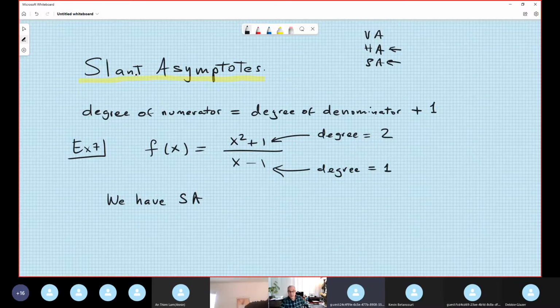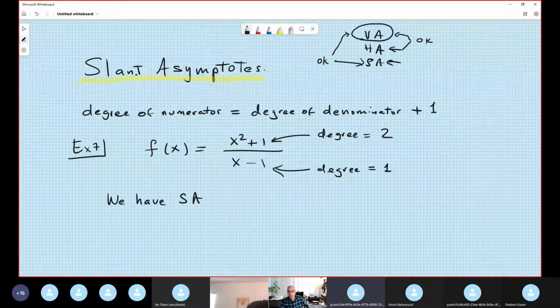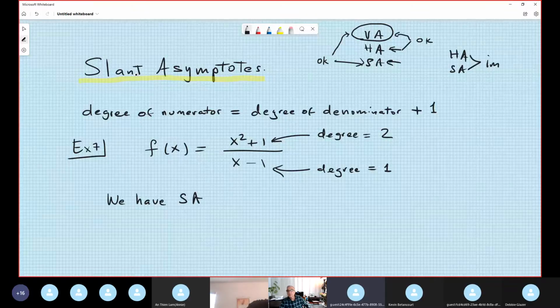Vertical is universal. Maybe in one example you have horizontal and vertical. Good, it's possible. And why not, a vertical and slant together. It's possible. This is okay, and this is okay. Look, this is not okay: horizontal and slant together. This is impossible.